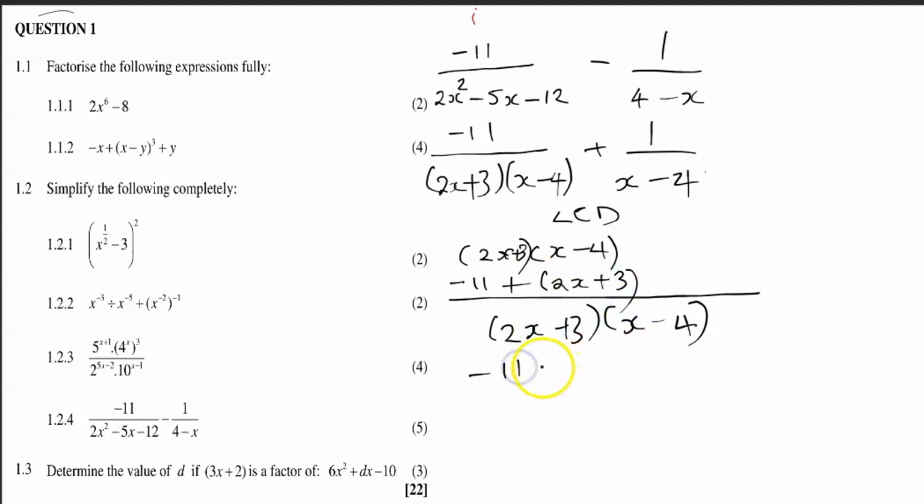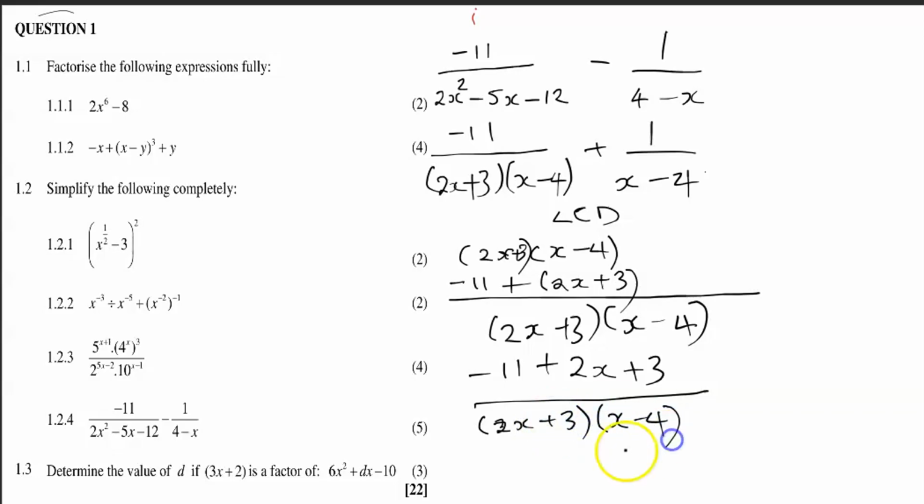So it's negative 11 plus 2x plus 3 all over 2x plus 3 into x minus 4. Then you collect the like terms in the numerator. It's 2x minus 9. Is it 9? No, it's 8.